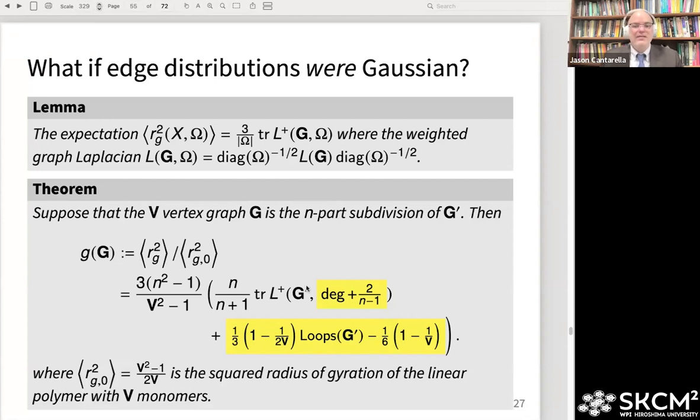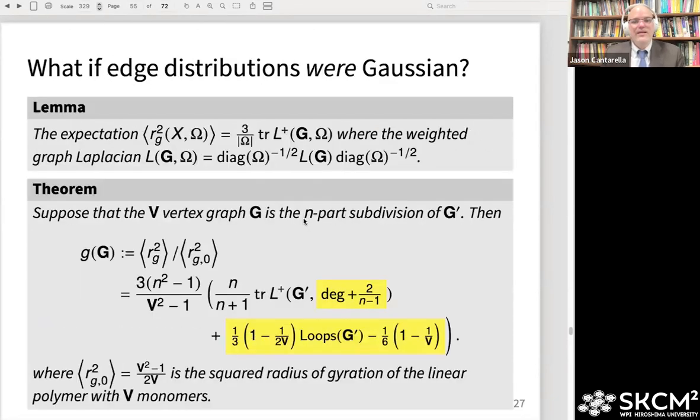Now, if there are a lot of subdivisions, as in the model proposed by Kurata and Fukatsu, then n goes to infinity, this 2 over n minus 1 disappears, these 1 over 2v and 1 over v terms disappear, and you're just left with the trace of the pseudo-inverse of the degree-weighted Laplacian, 1/3 the number of loops, minus 1/6.